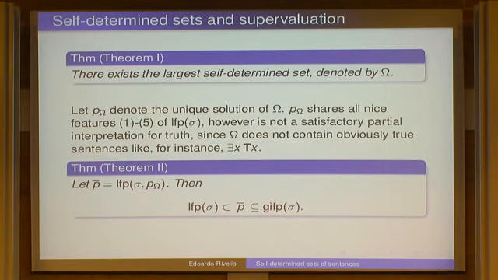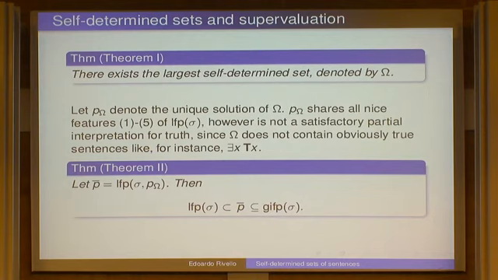And this is an interesting set since, of course, it captures all examples like Gupta's, which fall under the notion of self-determined set. And having a unique solution, we can denote this solution by P omega, and this is a partial interpretation for the truth predicate.